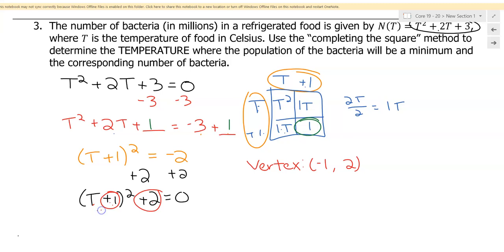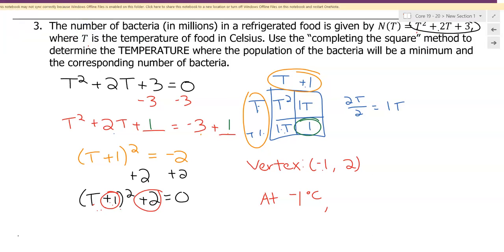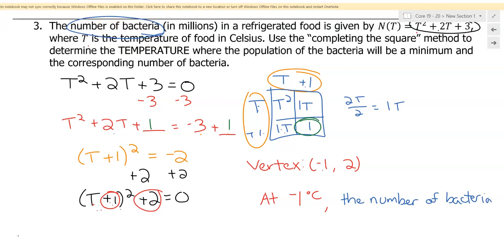So this t is the temperature. So this is at negative 1, this is in degrees Celsius. What are we talking about? Well, we're talking about the number of bacteria, and are we talking about a maximum or minimum?